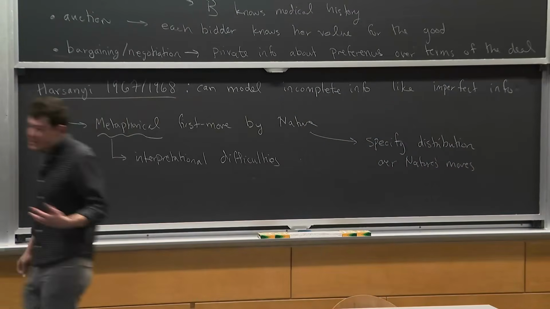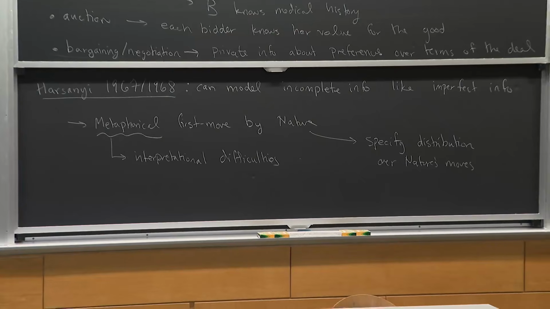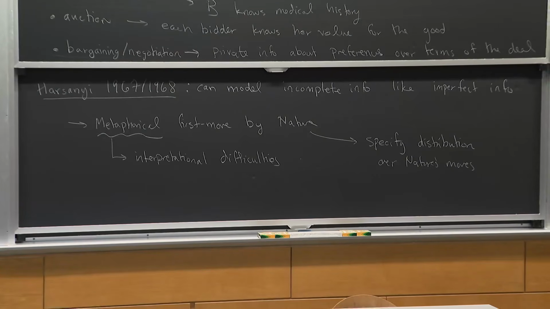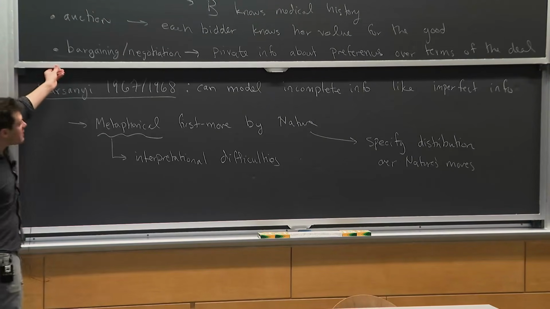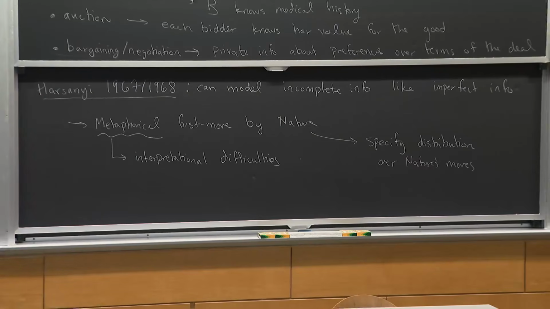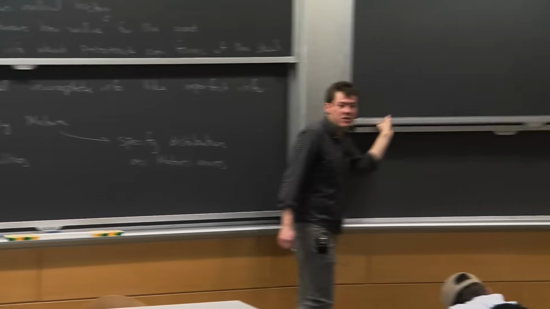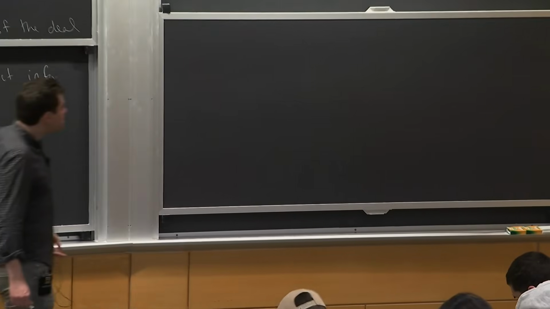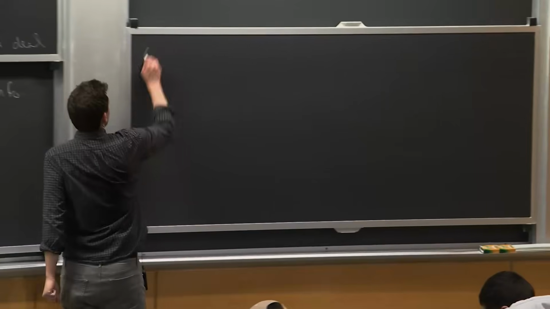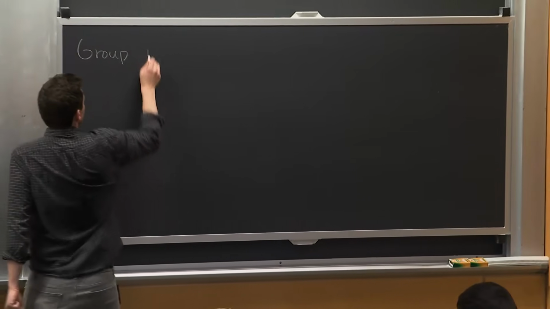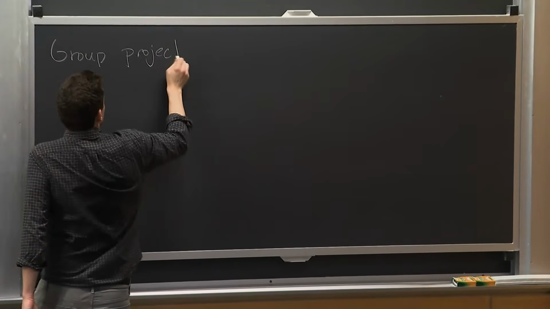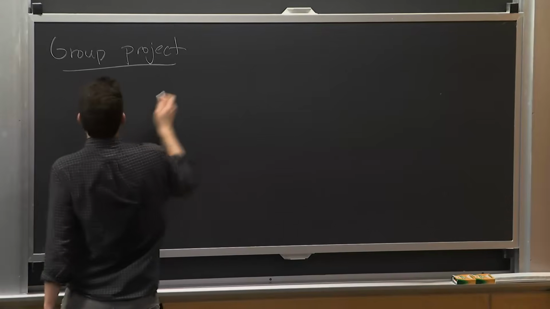But let's see if we can get into this and start analyzing it. I could present the whole general model, but I think it's very complicated at first, and you might say, why do we need this complicated model? So let's start with an example to motivate why things are subtle and why we actually need to do some work to model this. Let's think about a classic example. Let's say we're working on a group project. And let's say we have 2 players.